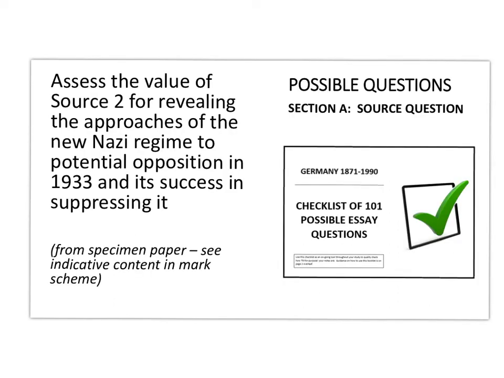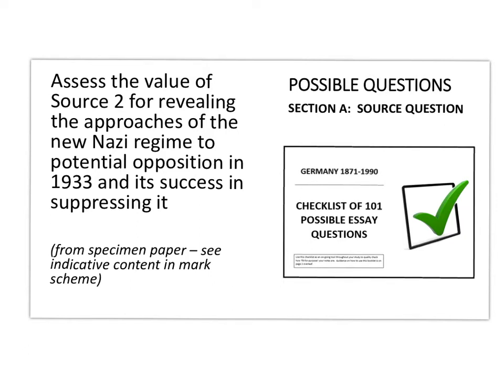For example, here's a section A question from the specimen paper, and you can see the indicative content in the mark scheme. The question was: assess the value of source 2 for revealing the approaches of the new Nazi regime to potential opposition in 1933 and its success in suppressing it.